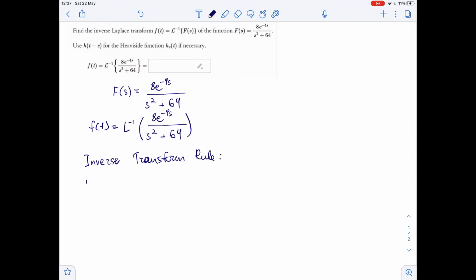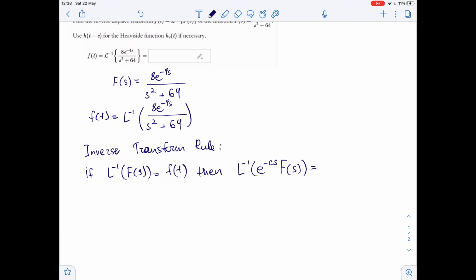So basically, if the inverse Laplace transform of some function F(s) is equal to f(t), that means that the inverse Laplace transform of e to the power of negative c times s times F(s) is equal to h(t minus c) times f(t minus c), where h(t) is a Heaviside function.